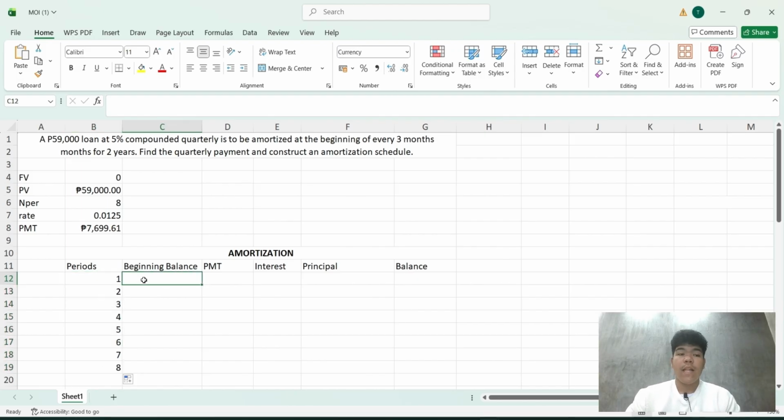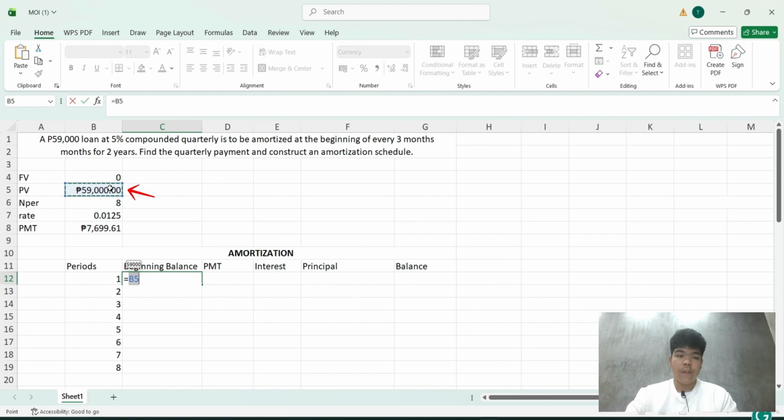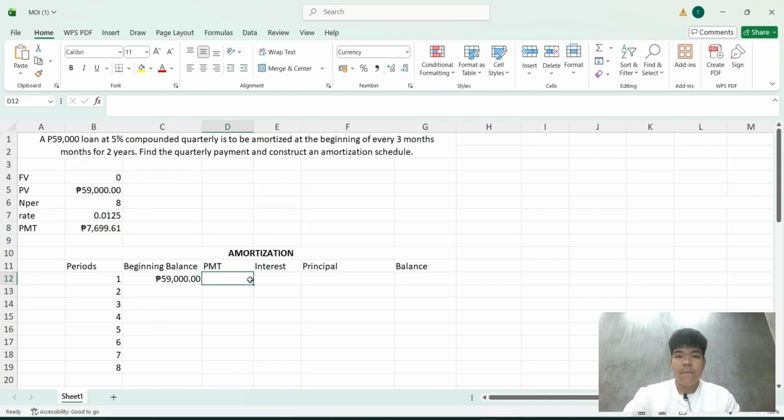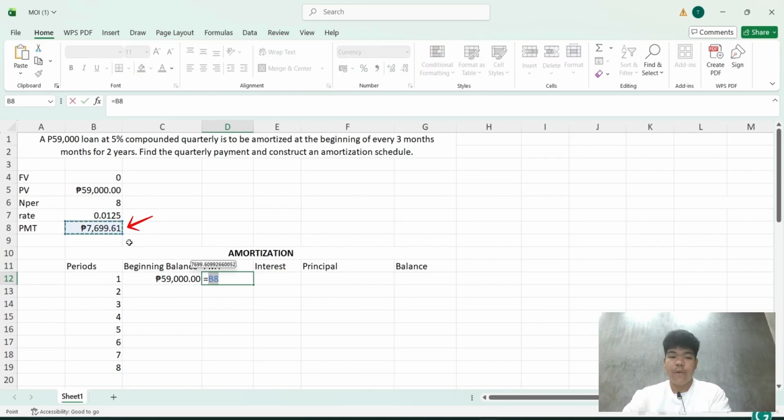Now the beginning balance here is our 59,000. So we input the equal sign in our cell, click our present value of 59,000, and now enter. The PMT here is this. So once again we type the equal sign, select our PMT and press enter.